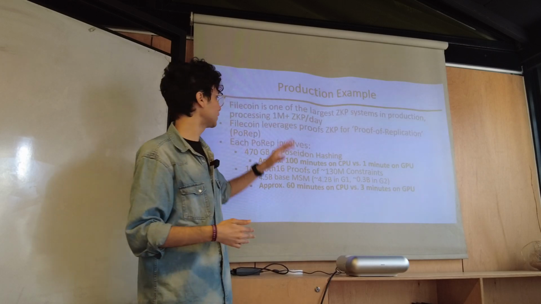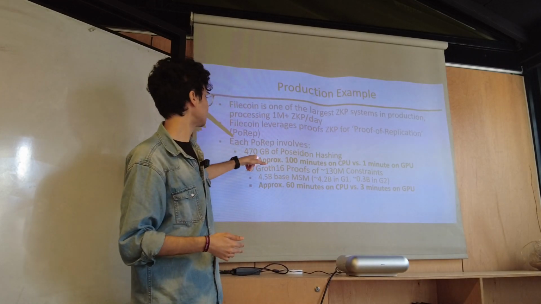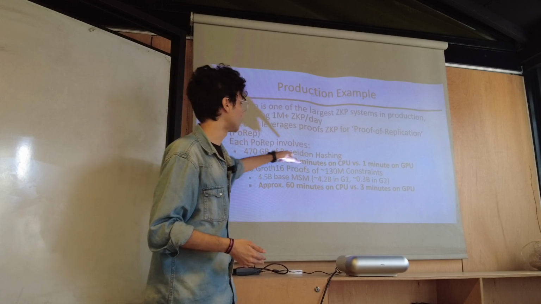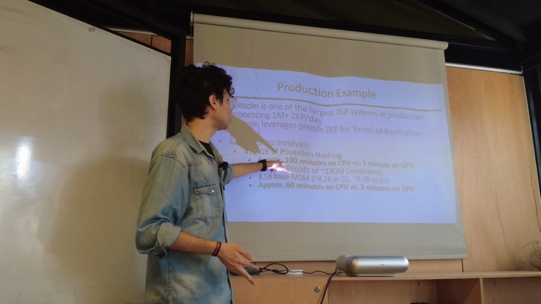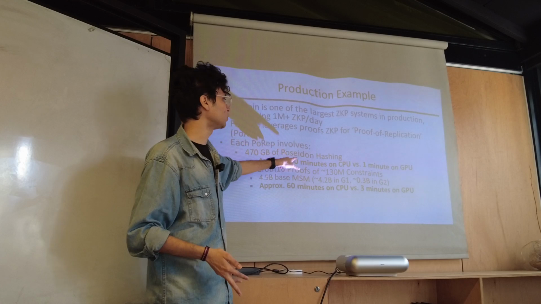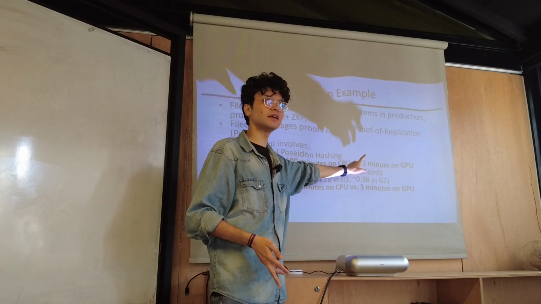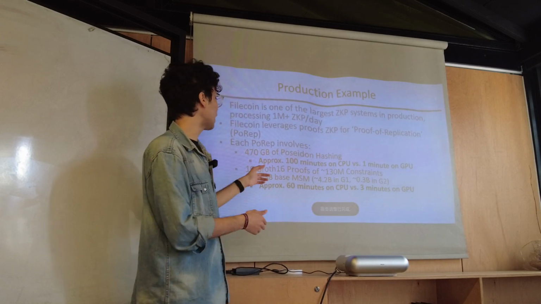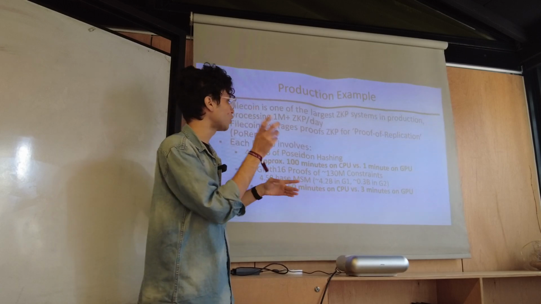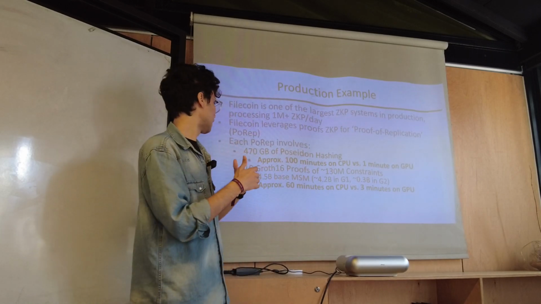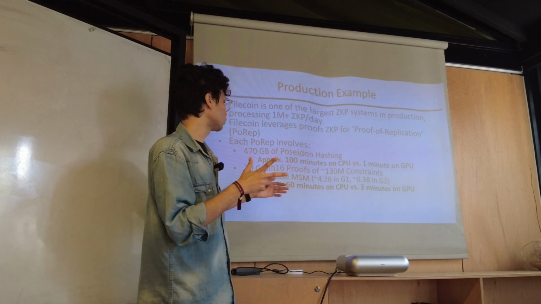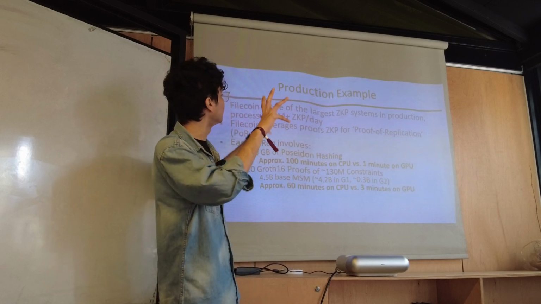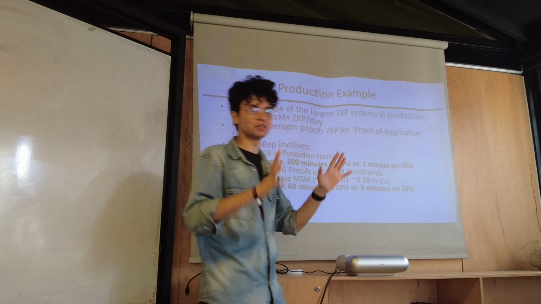For this, Filecoin uses a lot of Poseidon hashing, creating zero knowledge proofs over a lot of hashes. Doing that locally will take you 100 minutes, but using something like a GPU, they are able to achieve this in 1 minute. So you're getting a clear 100x speedup here. They also have 10 Groth proofs, each of 130 million constraints, and doing that on your CPU with lots and lots of cores will take you 60 minutes, but the folks at Filecoin are able to do it in 3 minutes using GPUs again.